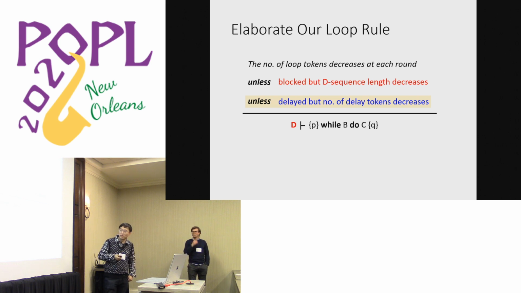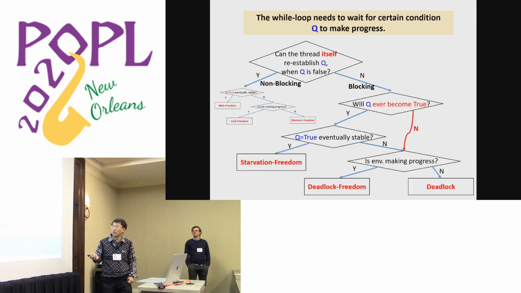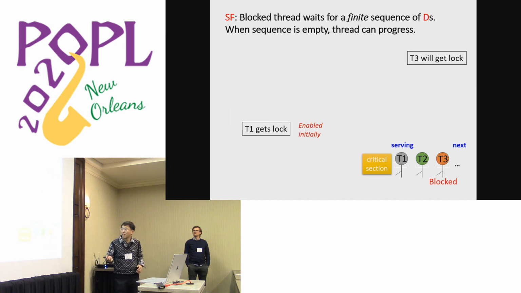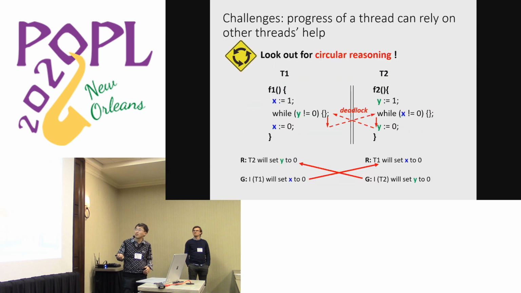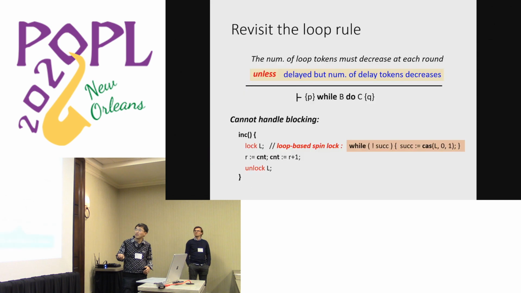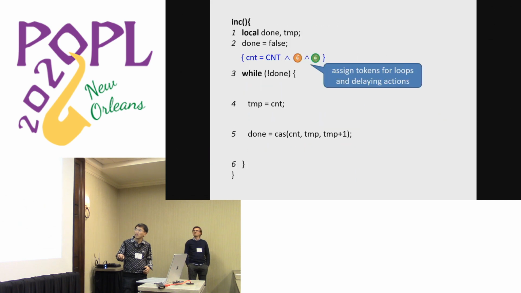To answer your question, the specification is provided by the programmer. It's not automatically generated. Users can define the token, for example, I define the token as i.